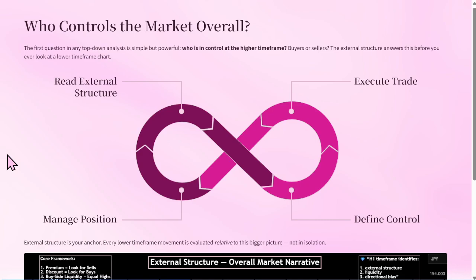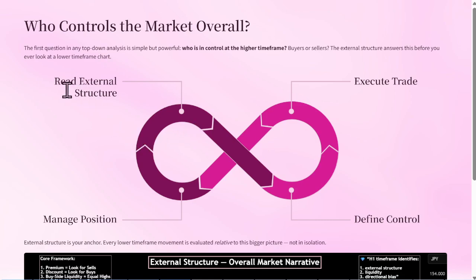Okay, so let's see who controls the market. The first thing we ask is what I just said: who controls the market? That is before you get on the chart, or if you are like me and you look at the higher time frames once a week, but live in the lower time frames, which are the internal structure, because you already marked up your highs and your lows.